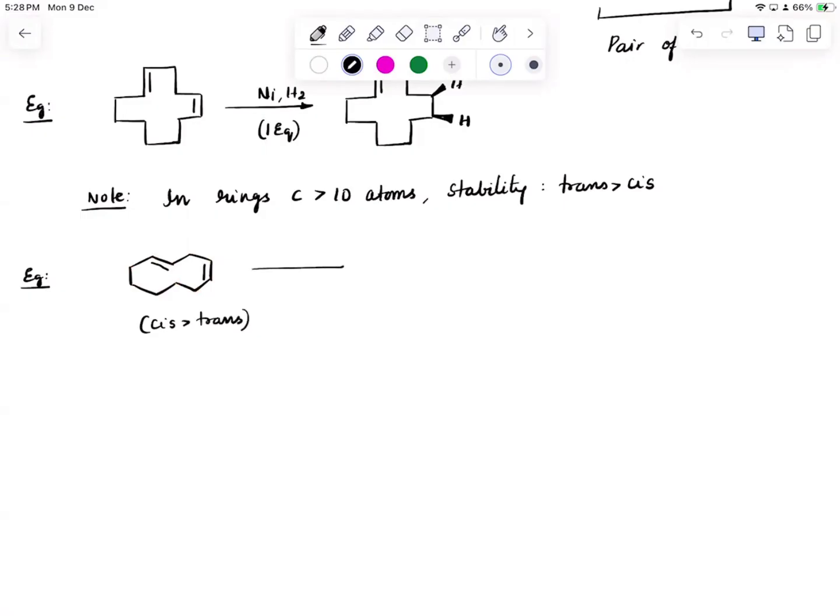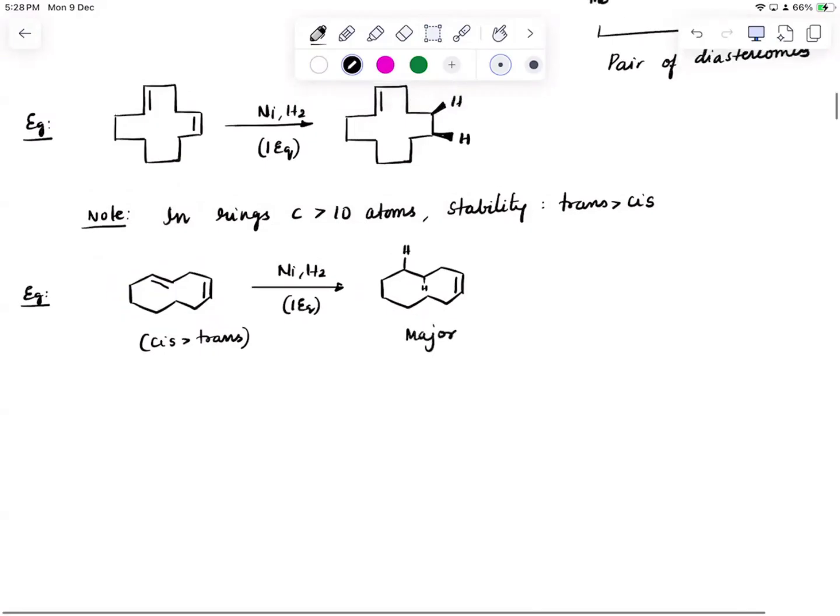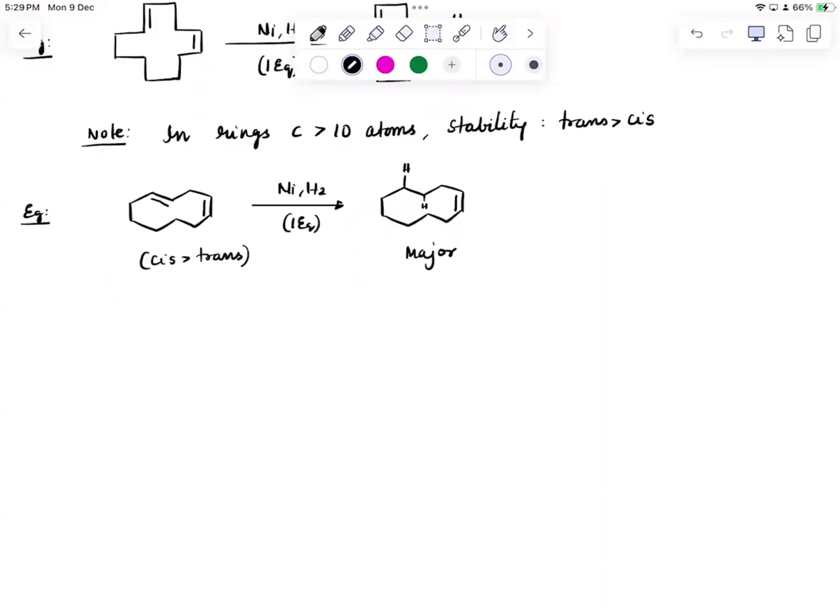So which means if I take nickel and H2 to add one equivalent only, then the product would be the one where whichever alkene is more reactive, that will react. So in that case, hydrogen and hydrogen will get added here. So this is the major product. Got it? You got to remember in which case what addition will take place.